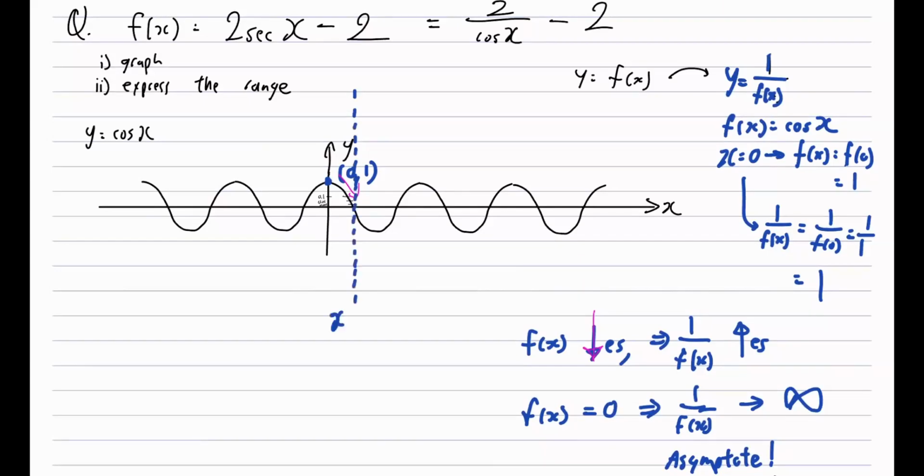This is an asymptote. This is pi over 2 because the cosine x graph, you know, is pi over 2 comma 0. It cuts through this point. But the blue color, what I'm drawing now, is representing the secant x graph, 1 over cosine x. I'm trying to draw 1 over cosine x, which is secant x. That means that this part of the graph will go towards positive infinity. Then what do you think happens to the left half here?